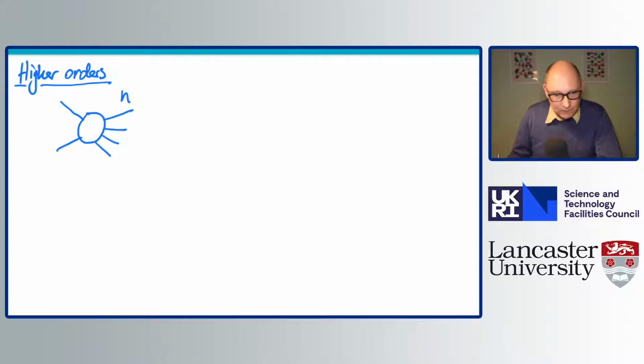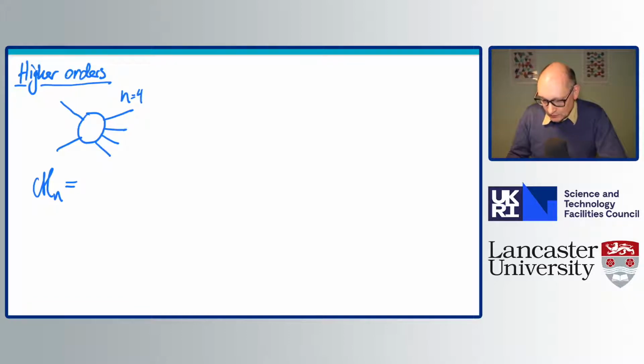So if we were to calculate the scattering amplitude, M_n, then it would start with, okay, let's say that this is n equals 4 here.